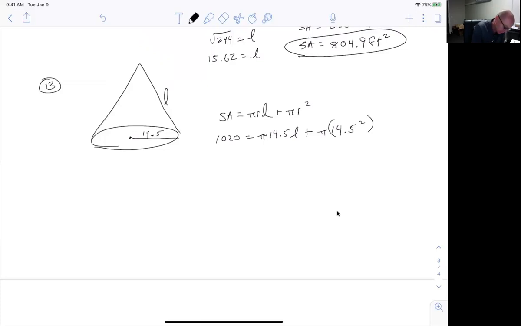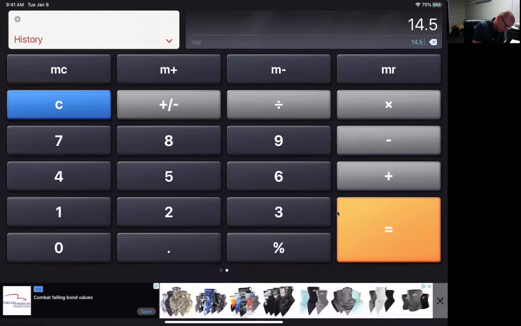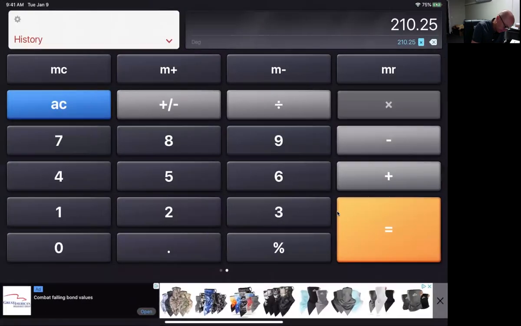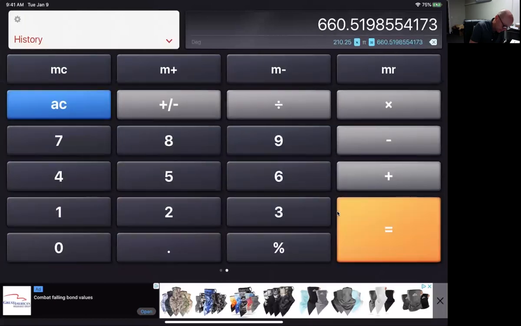So this is 1020 equals 14.5 pi times the slant height plus 210.25 pi. All right, let's simplify. Let's multiply by pi before we solve for the slant height.